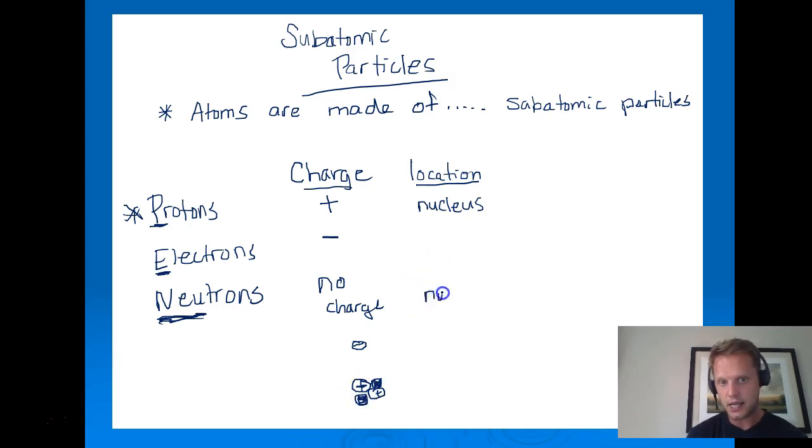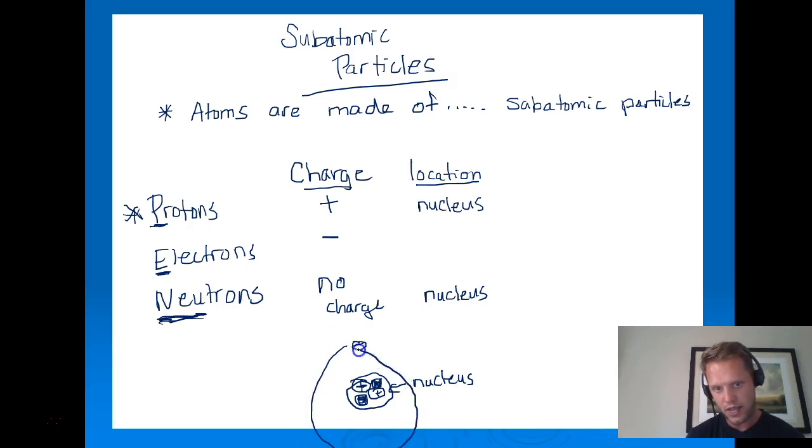They are in the nucleus. Now this looks pretty big, but in reality, if this is the nucleus, it's actually very small. And the electrons spin around that nucleus. The reason why they don't leave, even though they're going at the speed of light, super fast, is they have an attraction to those protons.